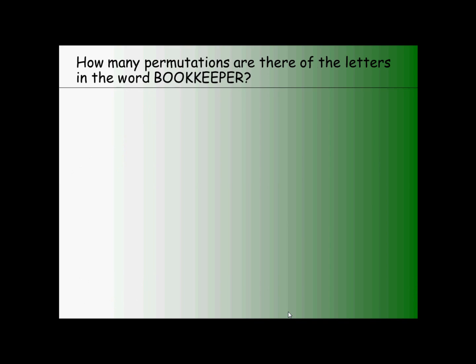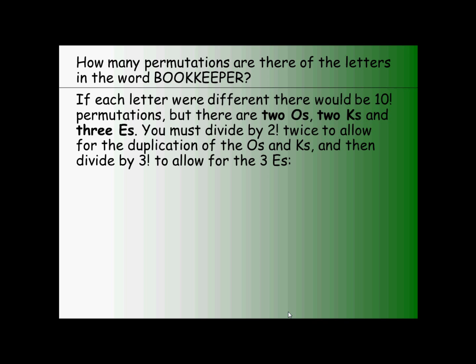Next one. How many permutations are there of the letters in the word bookkeeper? Now this one's a little bit trickier because we've actually got multiple sets of repeated items. We've got 2 O's, 2 K's, and 3 E's. So if each letter were different, then there would be 10 factorial permutations because there are 10 letters in the word bookkeeper, but we have to deal with the repeated letters.